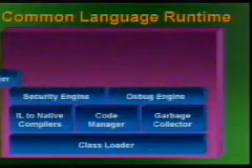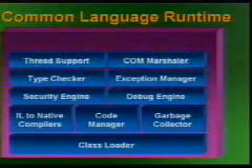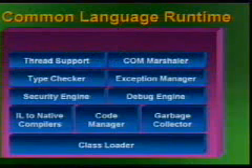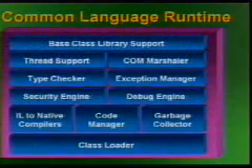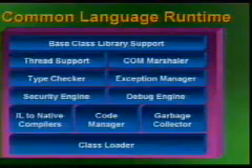And then on top of that, we again have higher level services such as threading, type checking, security, marshalling to and from COM, exception management, and debug engine. And then even further on top of that is code that is integrated with the runtime but that supports the base class library, things like reflection and so forth.